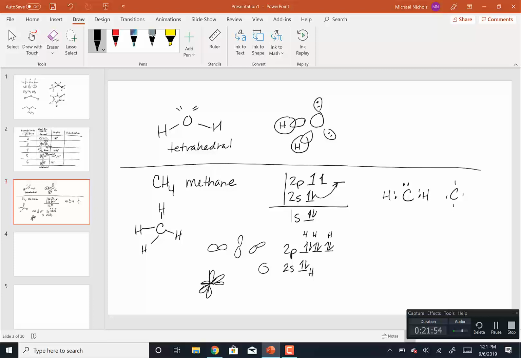P orbitals, the electron spends 50% of its time in one lobe and 50% of its time in the other. And there's a nodal plane in between where the electron's never found. Okay? That's quantum mechanics. Let's not blow our minds yet. Right? How does it get from one to the other without ever stopping?